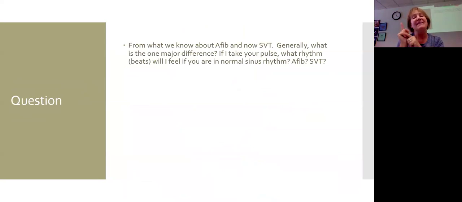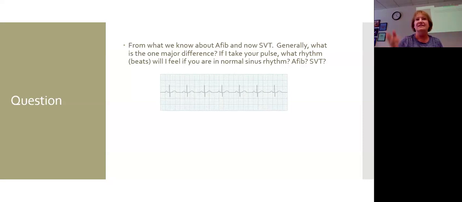From what we know about AFib, remember from Sharon's, and the little bit that we know now about SVT, generally, what is one major difference? If I was to take your pulse, what would I feel, or if I was listening with my stethoscope, what would I hear if you were in normal sinus rhythm? Heartbeat, 60 to 100.